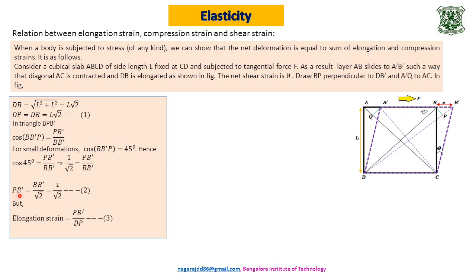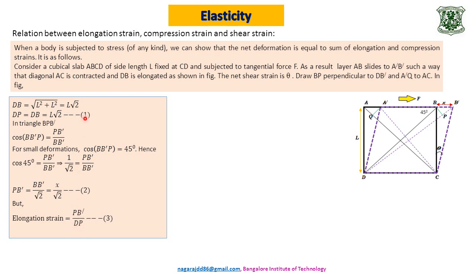So we have PB dash, we have DP. DP is the original length, PB dash is the increase in length. Now define elongation strain. It is the increase in the length divided by the original length, that is PB dash divided by DP.